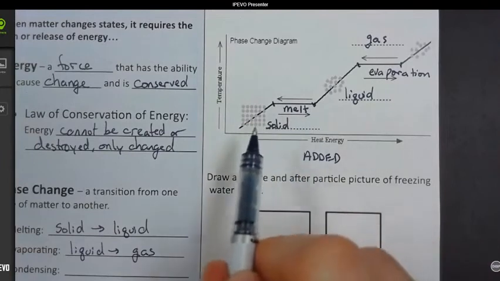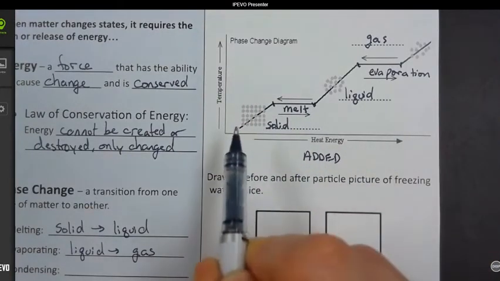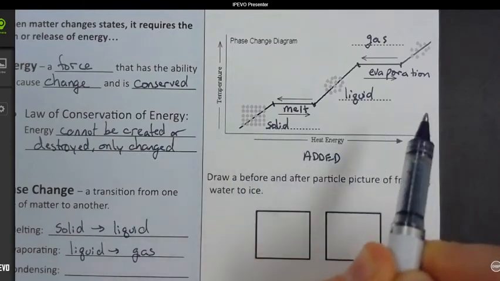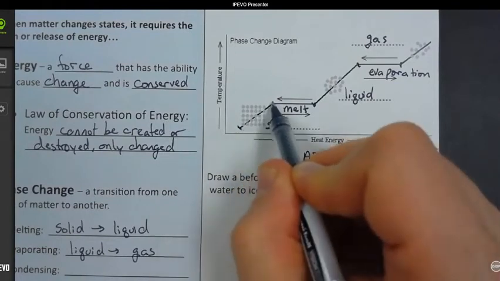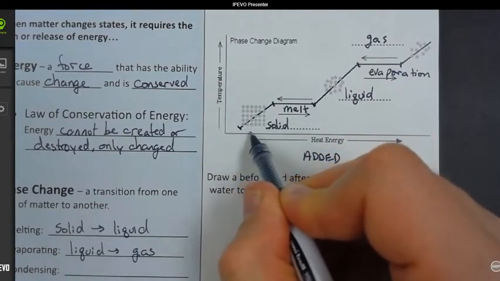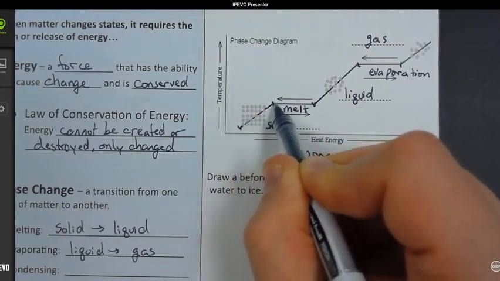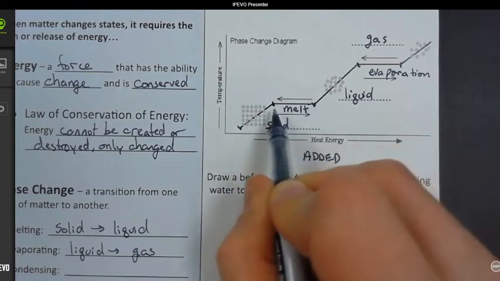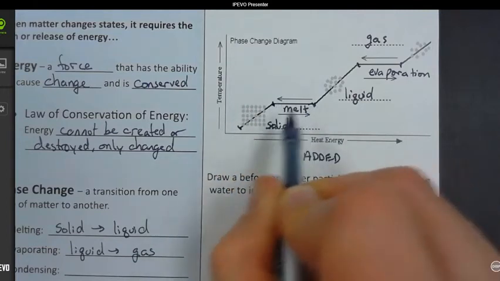So no matter where you go, from point zero all the way to the right, the energy is constantly increasing along the x-axis. But at certain points, from here to here, the increase in energy causes the solid to just increase in temperature. From here to here, the increase in energy doesn't cause the temperature to change, but it causes the phase to change.